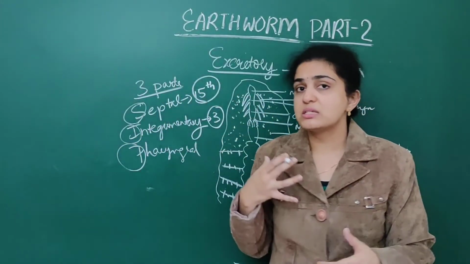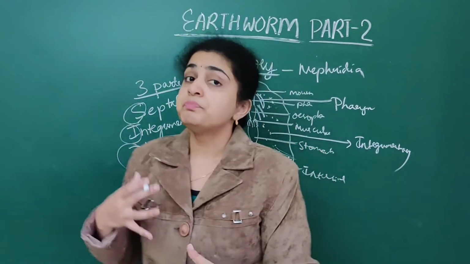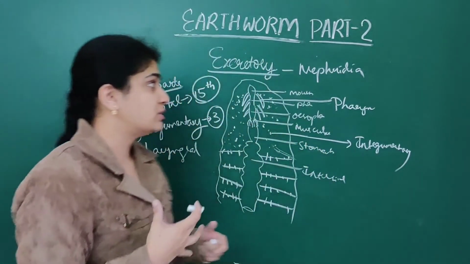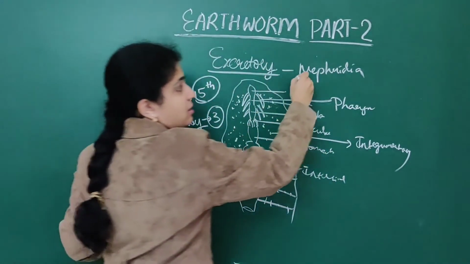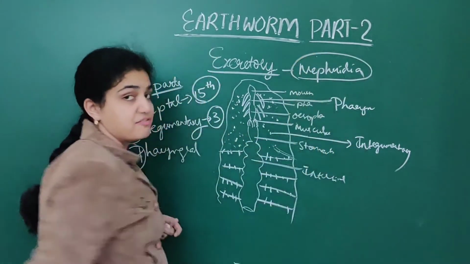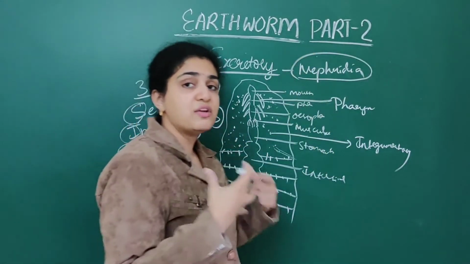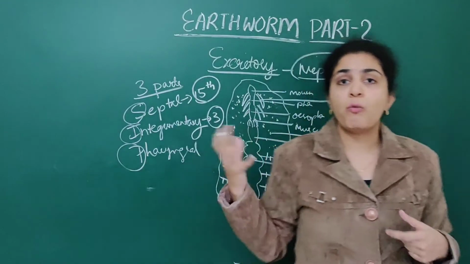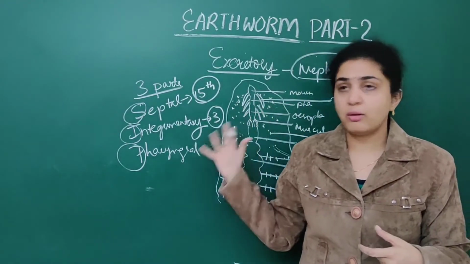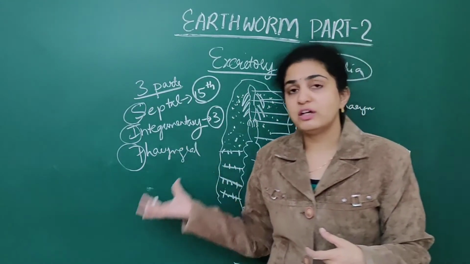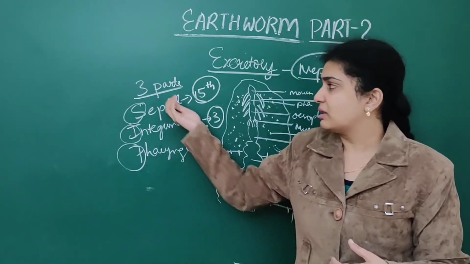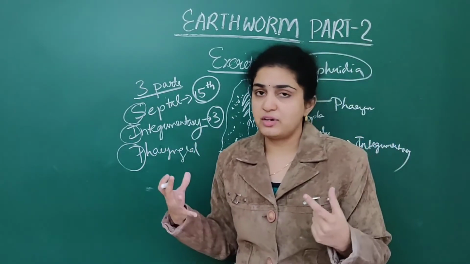So what we have discussed in the excretory system of earthworm: the excretory organs are nephridia, that is numerous nephridiopores that open out to the environment in the body of the earthworm. Mainly there are 3 types of nephridia.